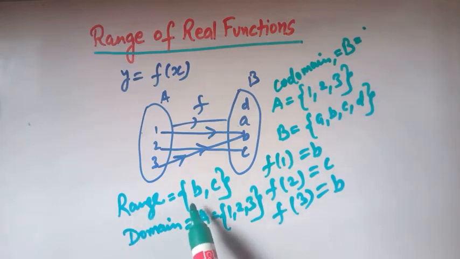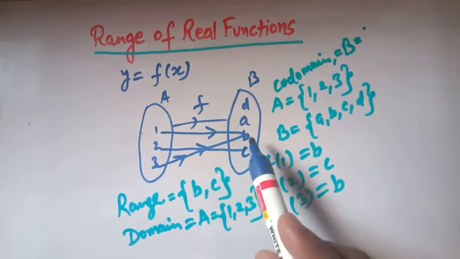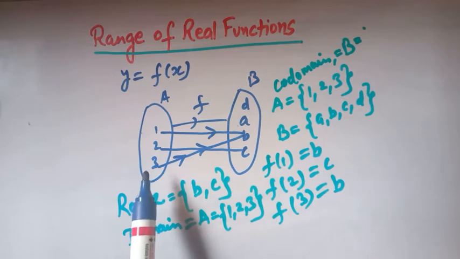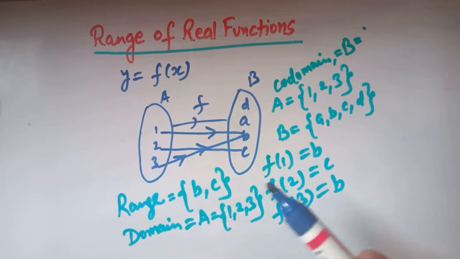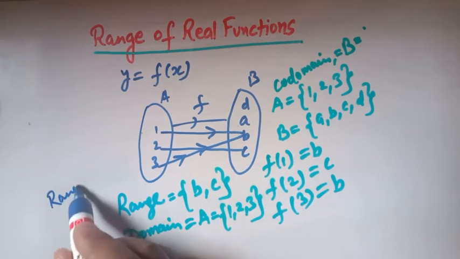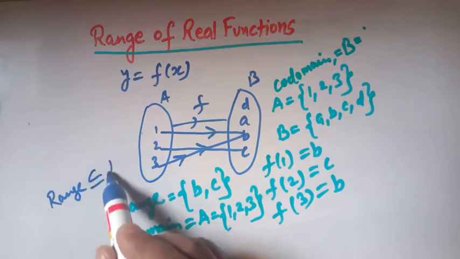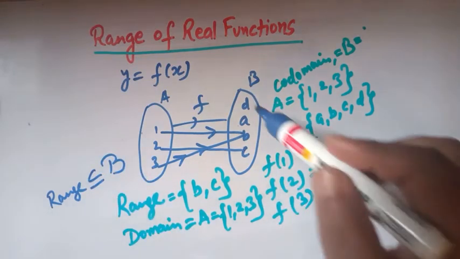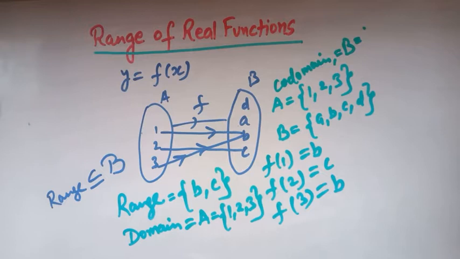So here the range is b, c, because only b and c are the f images of the elements of set A. And it is to be noted that the range set is a subset of set B, the codomain set. Clear?